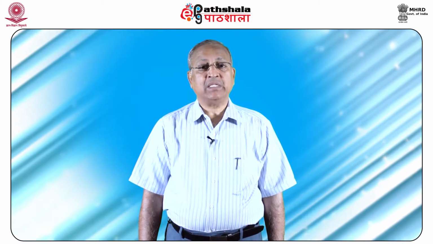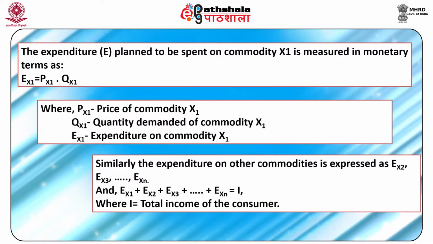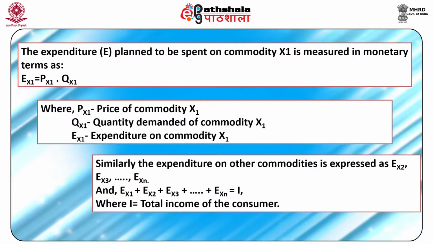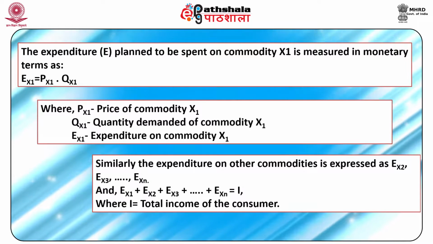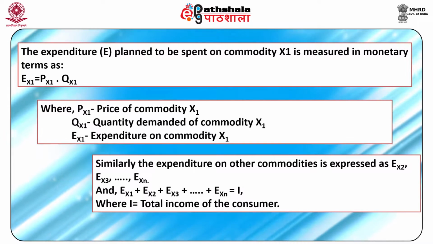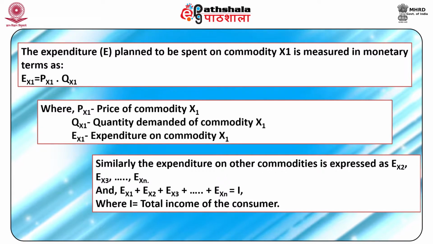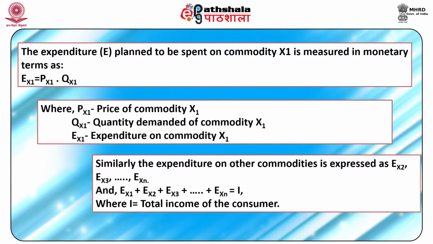Suppose the commodity number 1 is x1, then the expenditure on 1 is ex1. So therefore, the total expenditure would be ex1 plus ex2 plus ex3 up to exn. The summation of the total expenditure would be equal to the total income of the consumer.